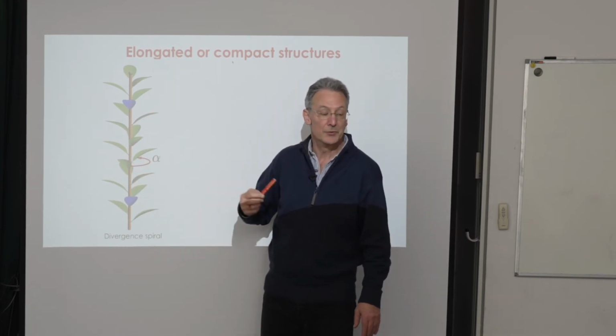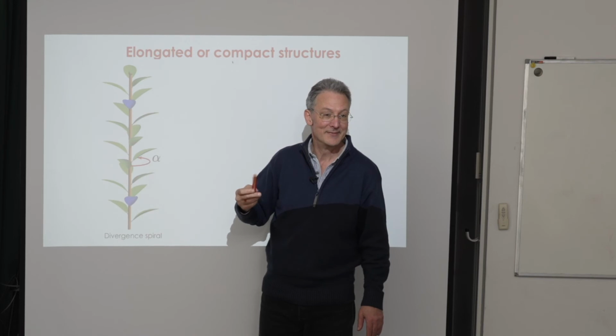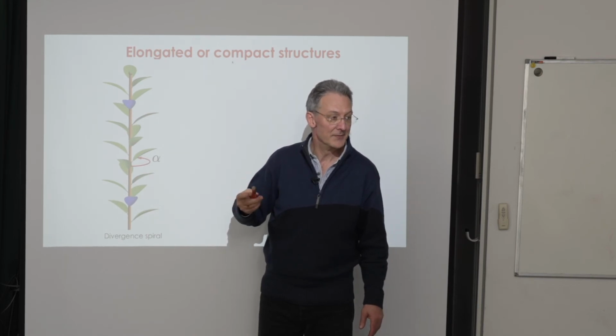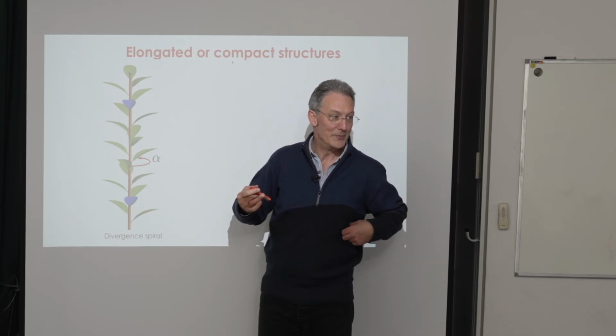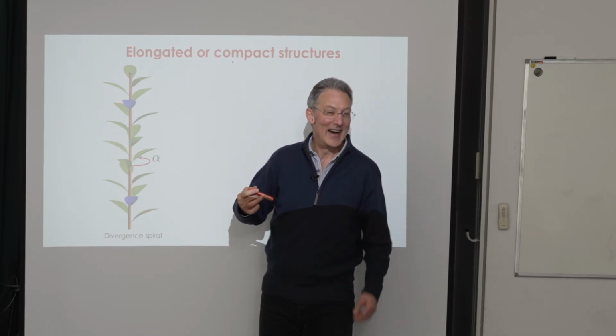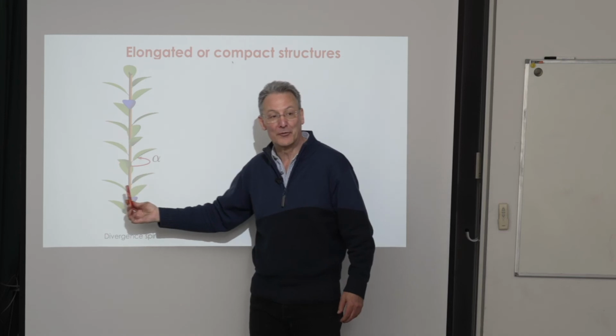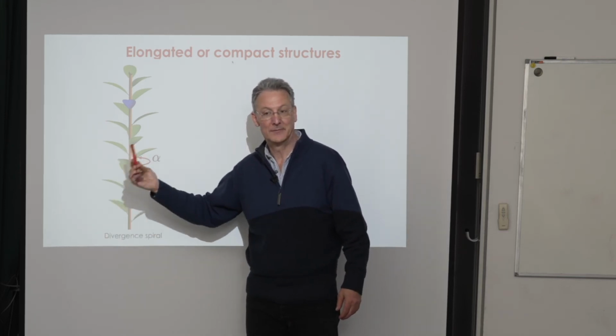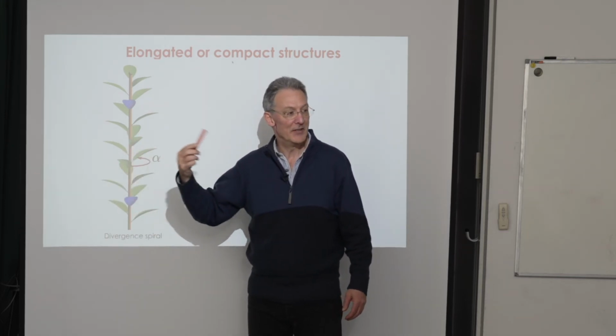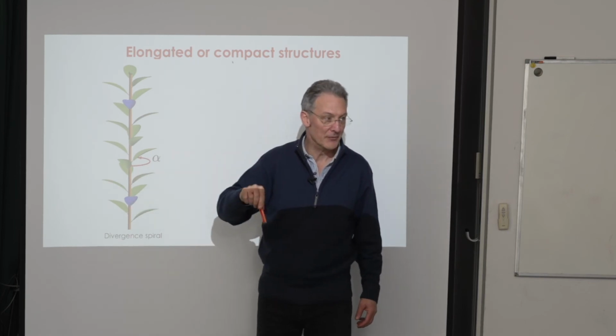And then what do I do? You divide by the number of leaves. No, I need to also count the number of turns. Yes, and I divide the number of turns by the number of leaves.